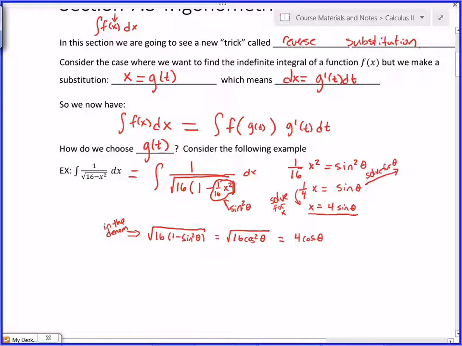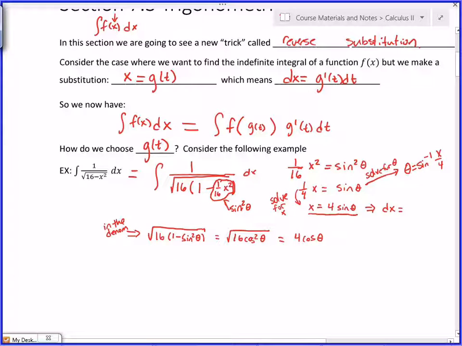If I solve for theta, all I have is that theta is the inverse sine of x over 4. I just move the sine to the other side by taking the inverse sine. That's going to come in handy in just a minute. I'm just planning ahead. But I need to have this thing solved for x so that I can also do dx.